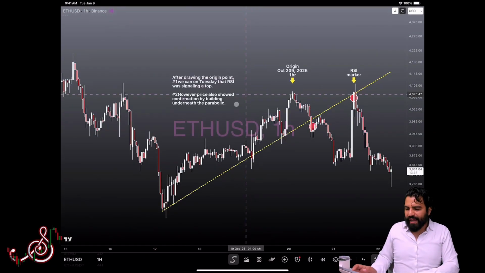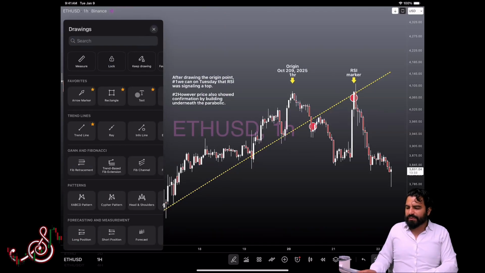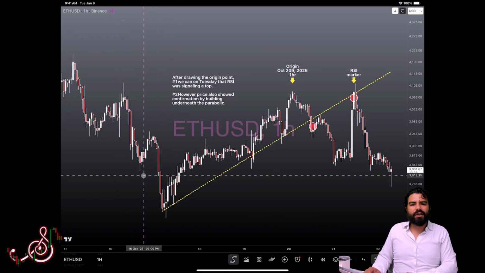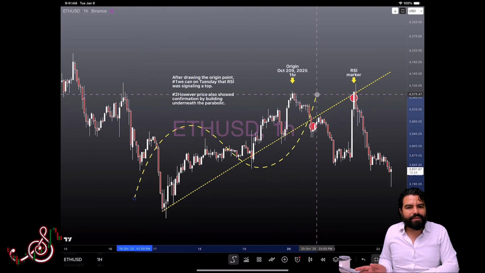So I want to add that double S to my favorites. You can see it's added right here. Click on this line, and I like to start somewhere on this side and end somewhere on that side.